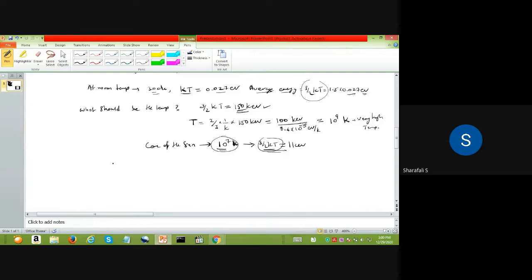Some nuclei will have more energy than this, and that can be observed from the tail of the Maxwell distribution.